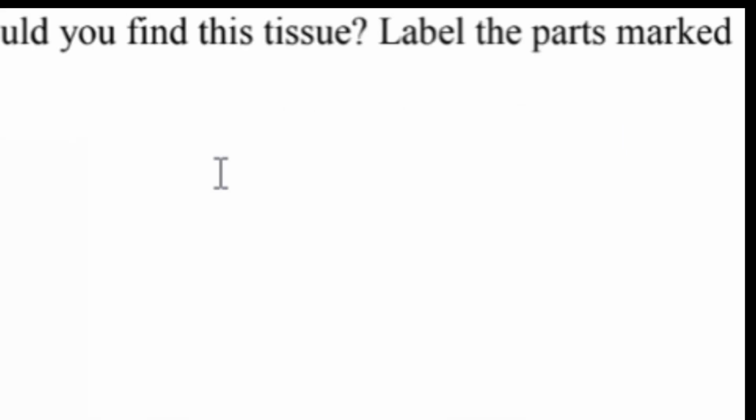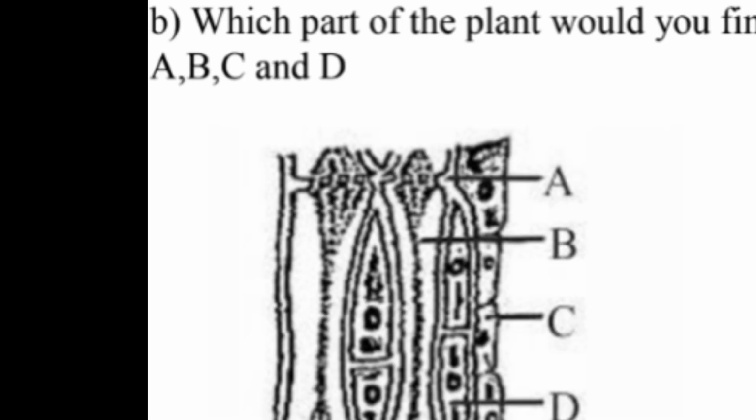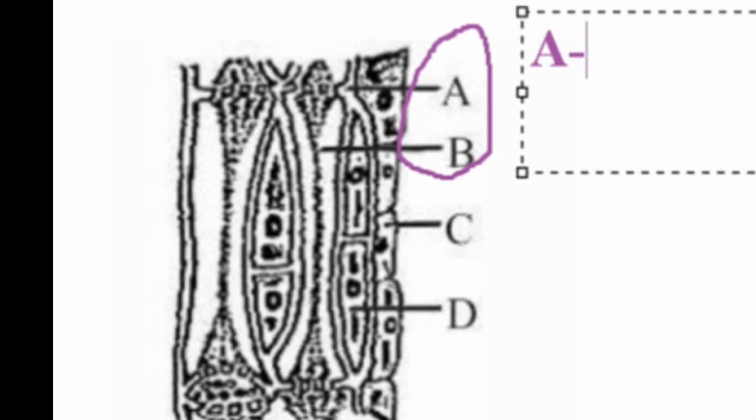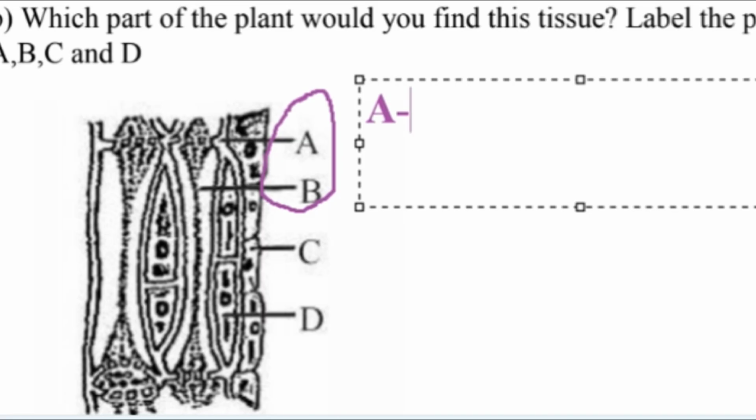Now label the parts marked A, B, C, and D. So what is this A? It looks like a sieve plate. B denotes sieve tube.